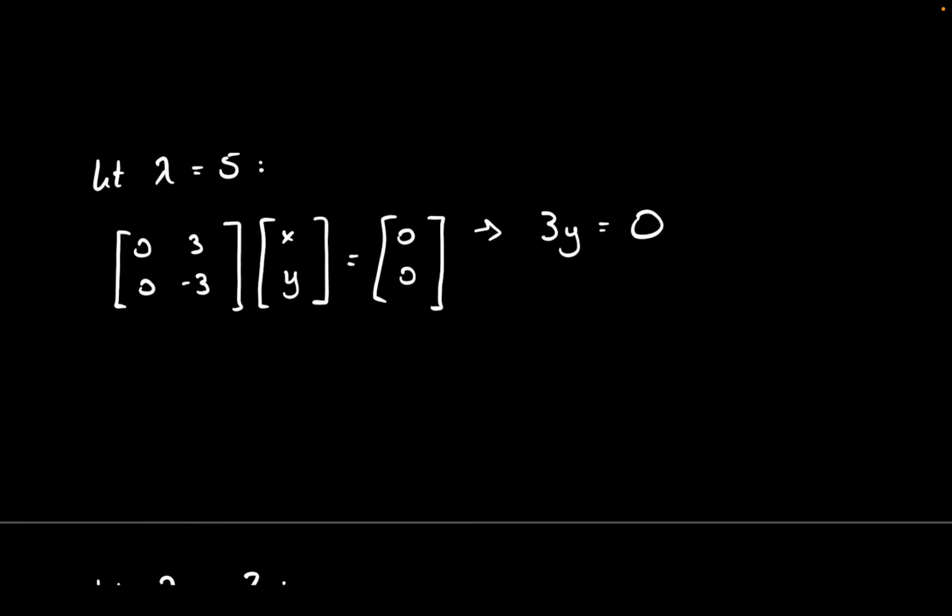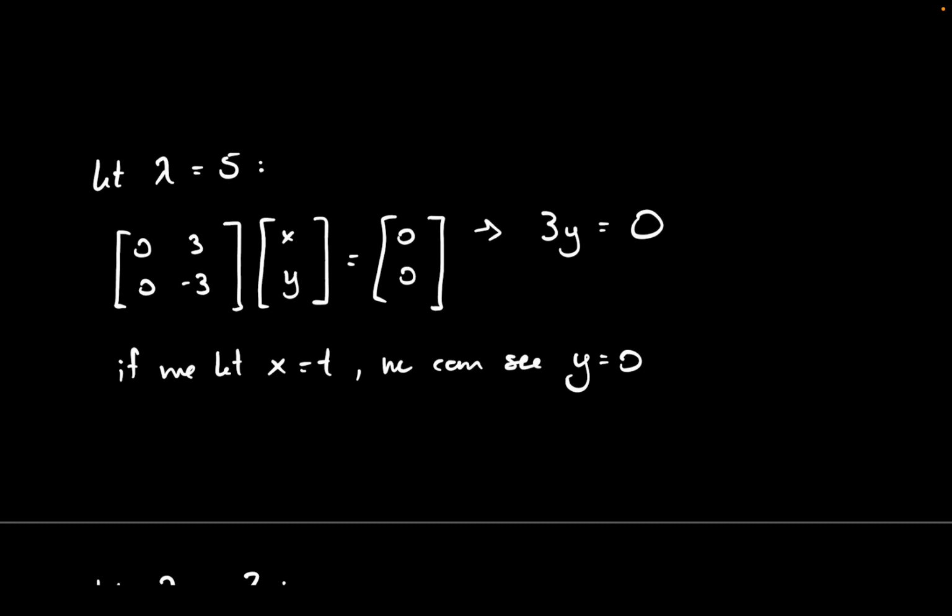So now, if we let x be equal to t, just some placeholder, then y is going to be equal to 0, because 3 is non-zero, so y has to be 0 for 3y to be equal to 0.